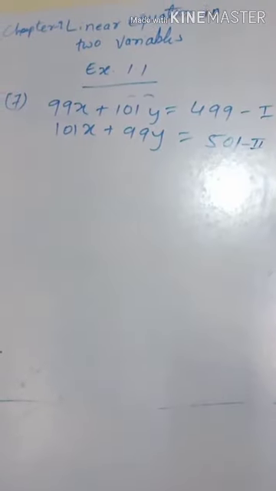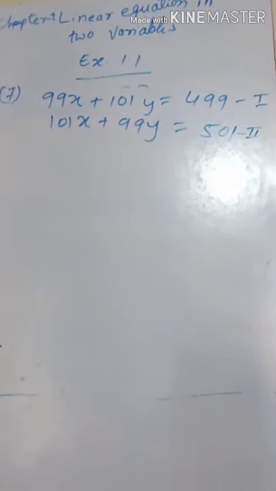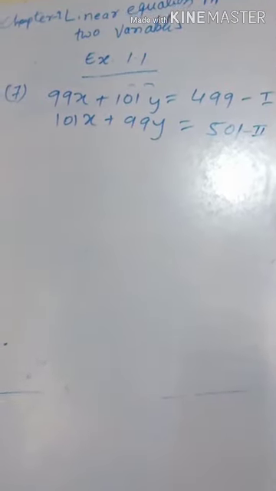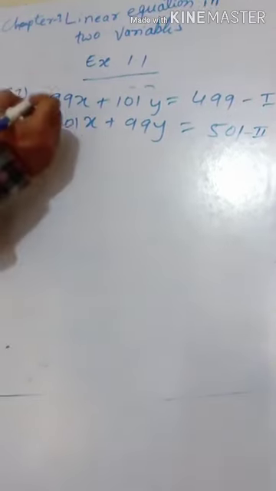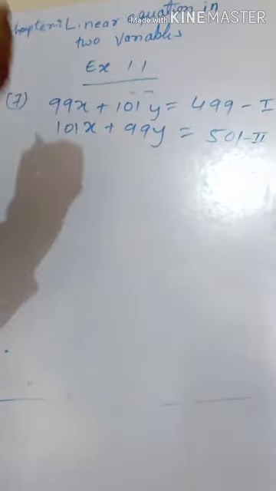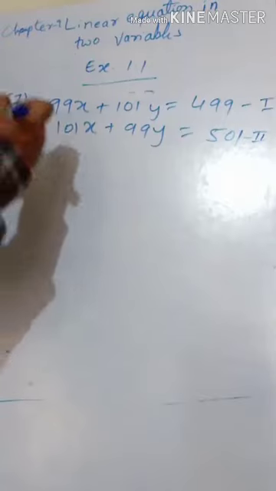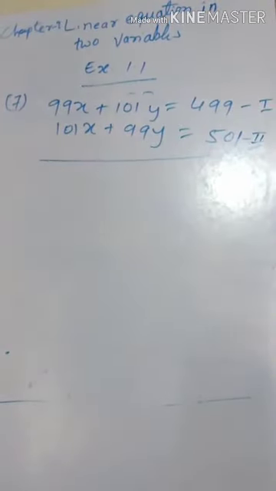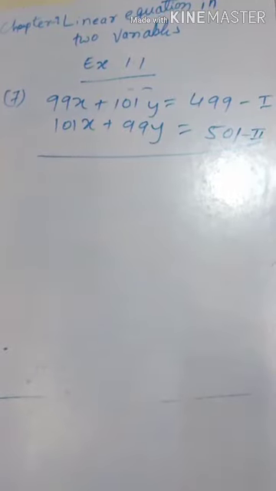In this type of sum, instead of eliminating one variable, we first add equations 1 and 2 and find one new equation, and after that we subtract equation 1 and 2 and find another new equation.